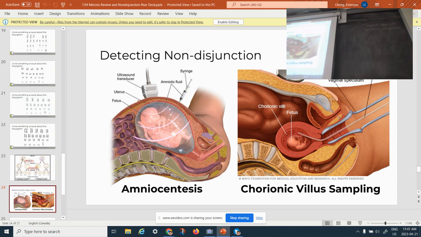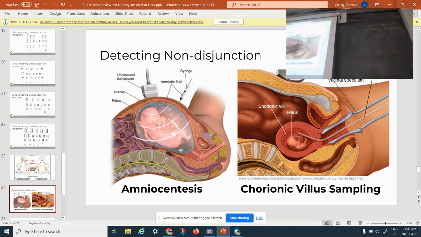Another one is chorionic villus sampling. This one is safer. You have less chance of miscarriage. There is always a chance of miscarriage because of the procedure, but less here, though accuracy, I believe, is less. I don't know why, but it's less.